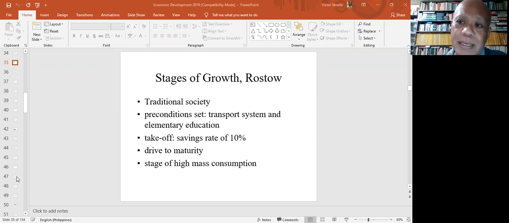Okay? And the idea being that the industrial sector is one sector that has substantial linkages with other sectors in the society. So that the growth of one sector involves and provokes expansion in other sectors because they are linked.